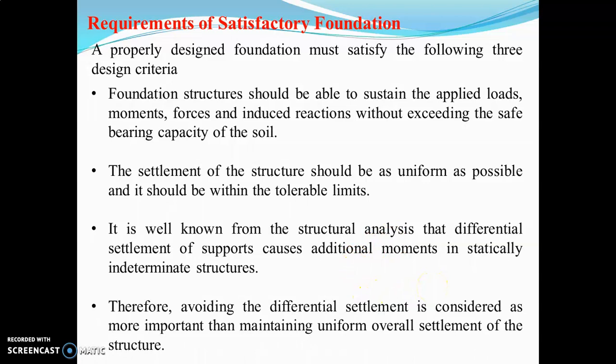Therefore, avoiding the differential settlement is considered more important than maintaining uniform overall settlement of the structure.